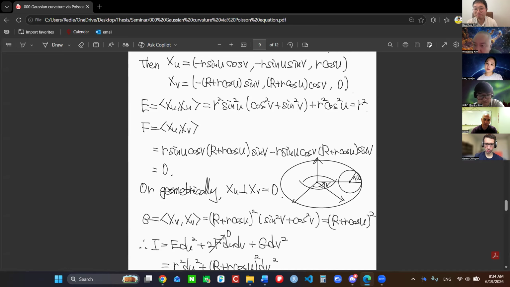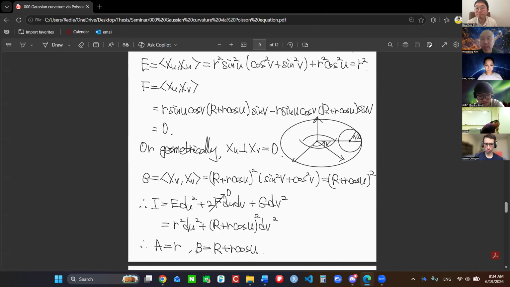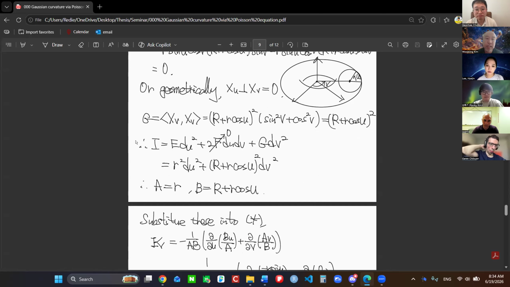It's orthogonal, so we don't need to compute this part. And the last term, G, is xv dot xv, like this. And the metric, since f was 0, is like this.